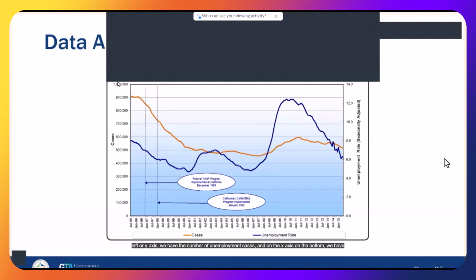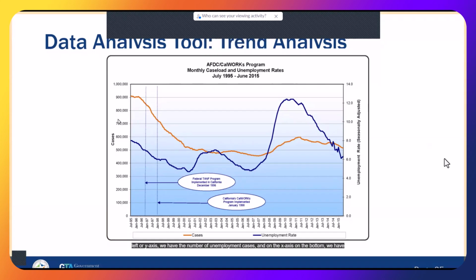On the left or Y-axis, we have the number of unemployment cases. And on the X-axis on the bottom, we have a 20-year period broken down into 6-month increments. On the right, we have the unemployment rate. And in gold, we see the number of unemployment cases, and related is the unemployment rate and how those intermingle.